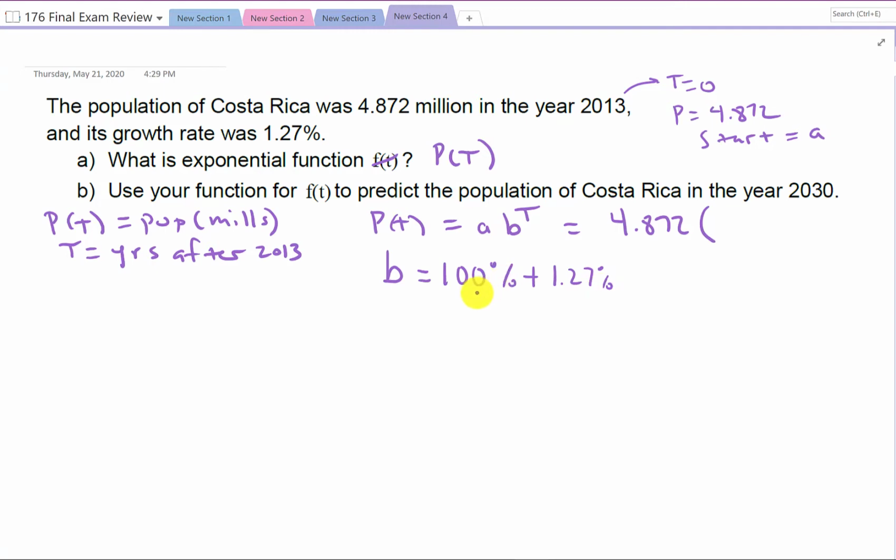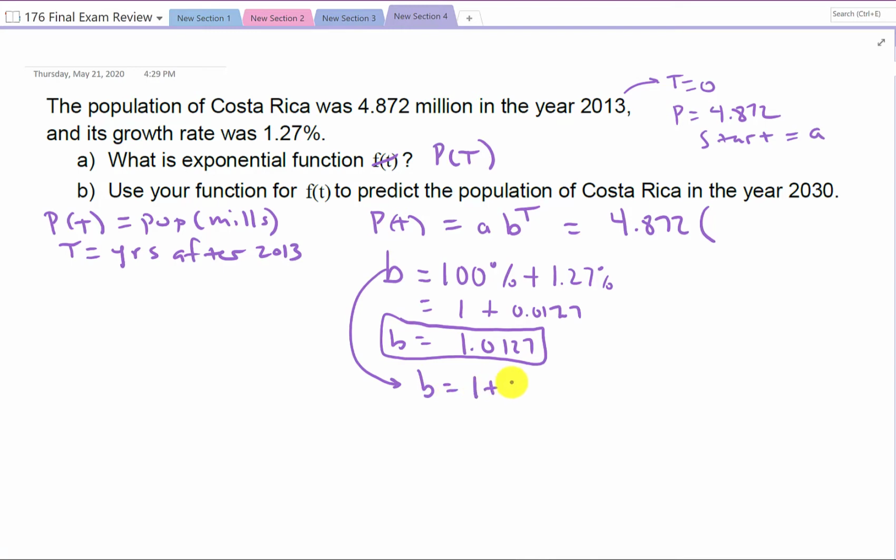So when we take from 1 year the 100% population plus an increase on that population, it's like we're taking 1, which is the decimal for 100%, plus 0.0127, which is the decimal for 1.27%. And so b, our multiplier, is 1.0127. This whole logic here is how we got our little formula for b, 1 plus r. And so that's how we can find our multiplier.